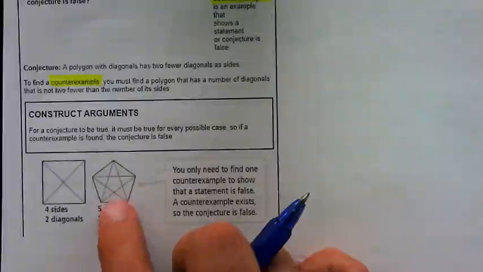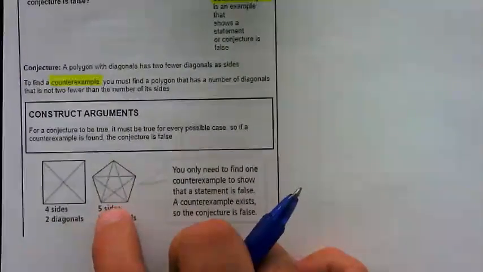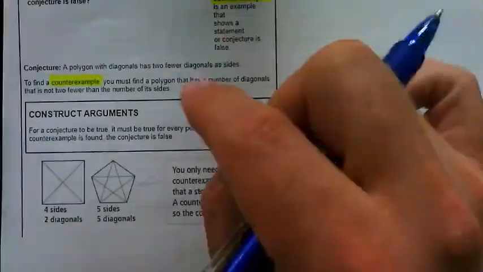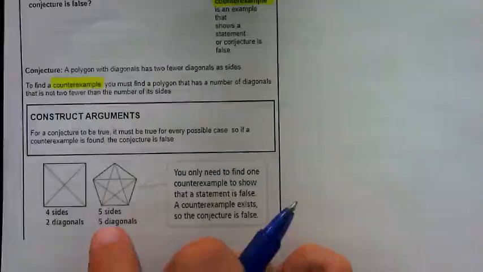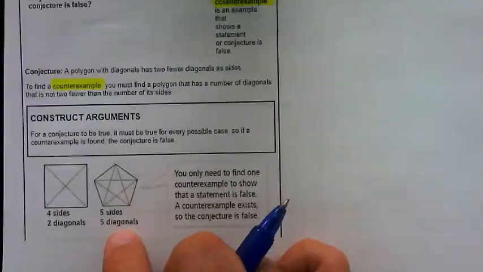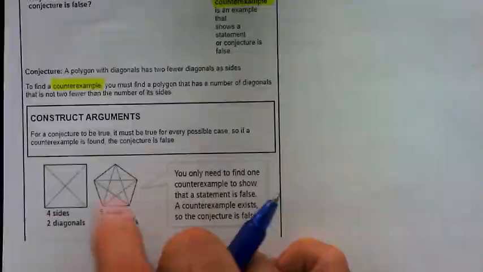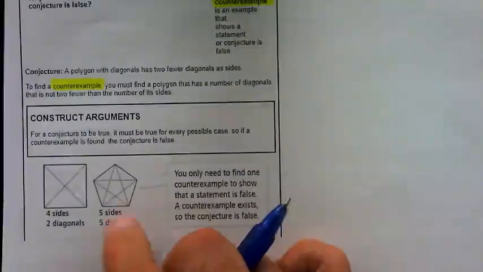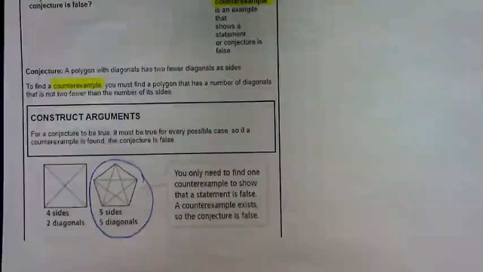But then if you look at a pentagon, if you draw all your diagonals in a pentagon, you actually now have 5 diagonals. Well, this statement originally makes it sound like we should have had how many diagonals? We should have only had 3, right? Because it said 2 less than the number of sides. Well, this isn't 2 less than the number of sides. It's the exact same as the number of sides. So this is my counterexample.